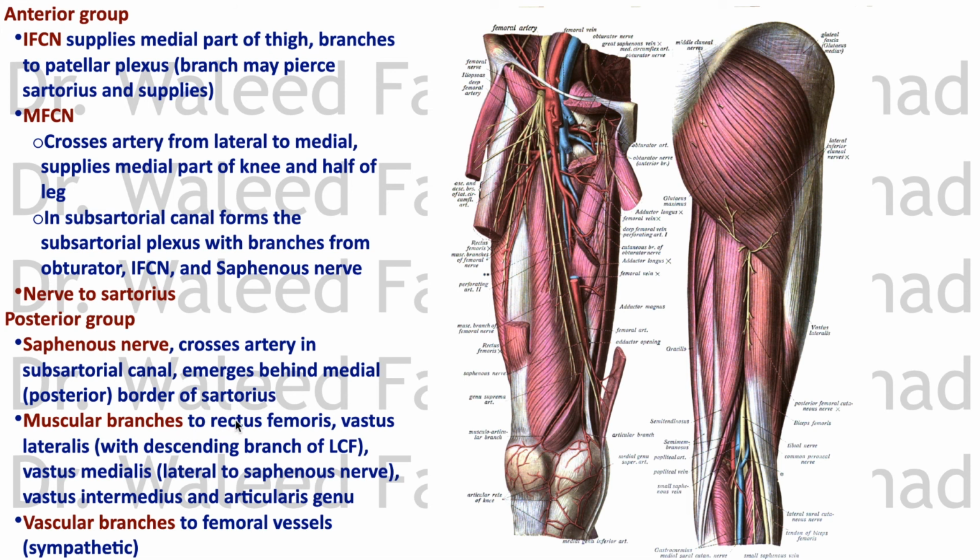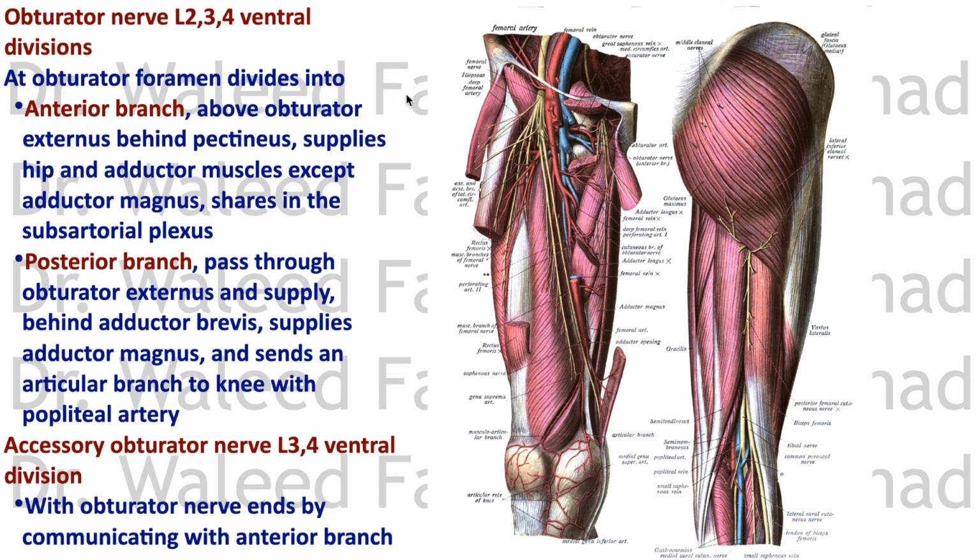Muscular branches go to the quadriceps femoris muscle: to vastus lateralis, vastus medialis, vastus intermedius, and articularis genu muscle. This is the supply of the quadriceps, the muscular branches of the femoral nerve, and also vascular branches that originate in the sympathetic system to supply the femoral vessels with sympathetic supply. Okay.